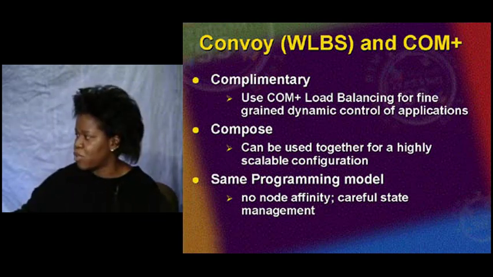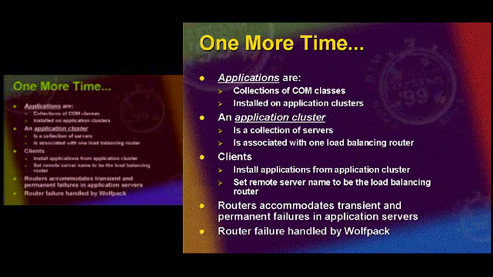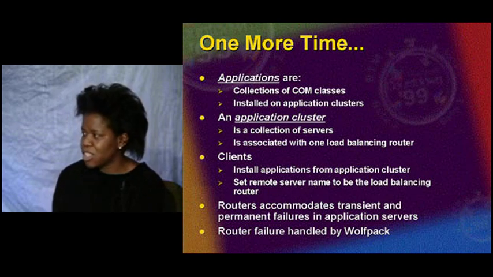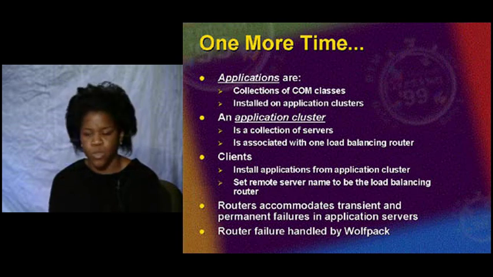But the thing that I do want to caution you about is that you do have to be careful about state management for this. So just to reiterate what I've said, the application is really just a collection of COM classes, and they're installed on a number of application servers. When you think about an application cluster, it's just a collection of servers, and the load balancing server routes all of those requests to the appropriate server.